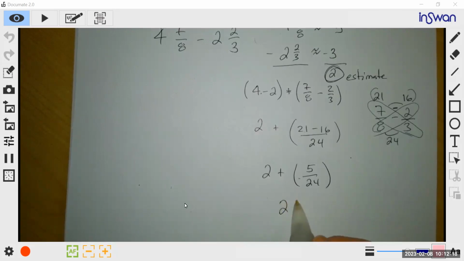So the answer is 2 5/24. 5/24 is pretty small, so it's pretty close to 2. So that's a good estimate.